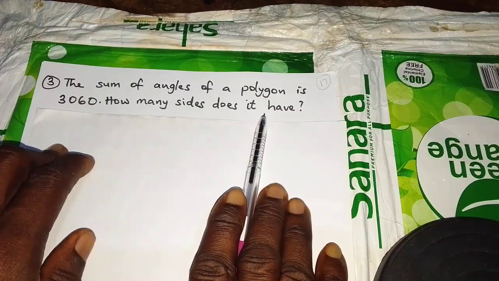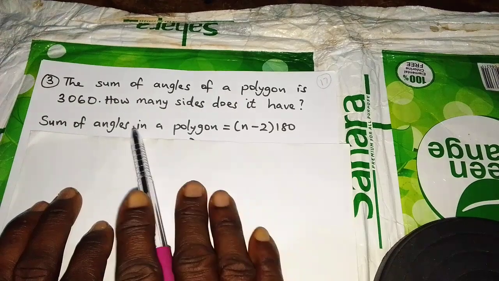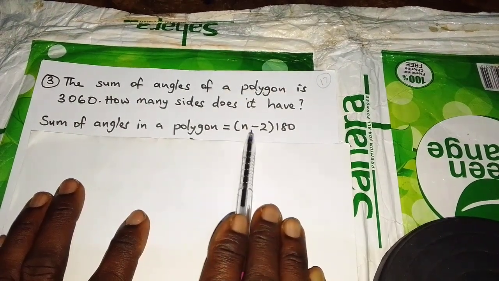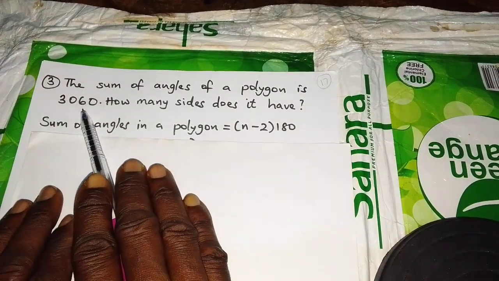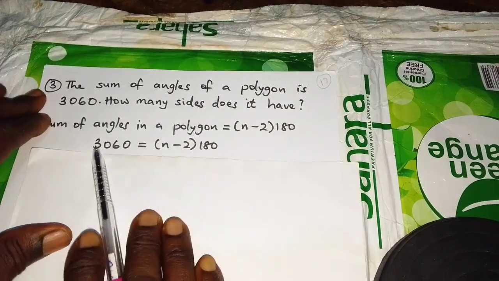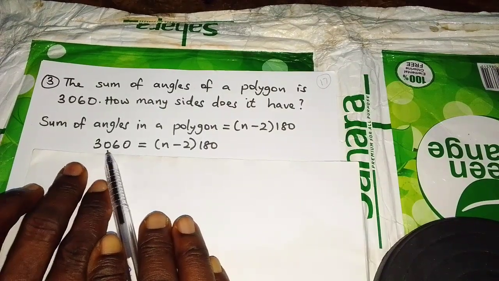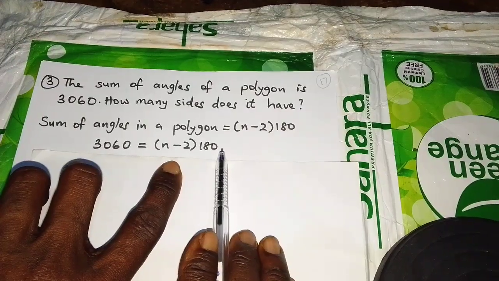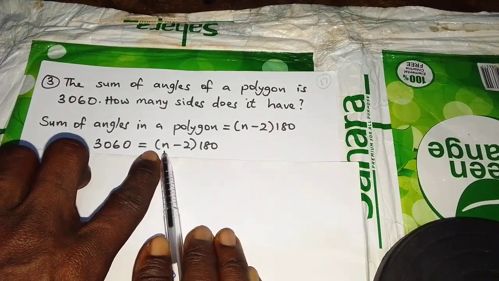So let's take the formula: sum of angles in a polygon is equal to (n minus 2) times 180. You are given the sum of the angles, which is 3060, so 3060 is equal to (n minus 2) times 180. What we are looking for here is n, the number of sides of the polygon.